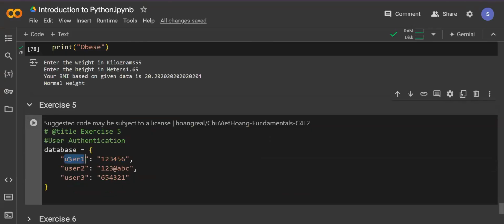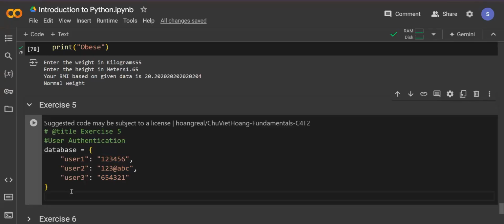If this user1 is present in the database, obviously it has to ask me to enter the password. And if I use the in operator for the password also, I can write any password, right? I can use 1, 2, 3 ABC, 6, 5, 4, 3, 2, 1, or 1, 2, 3, 4, 5, 6. If I use any password, it will open. But this shouldn't happen. First of all, I'll code this and tell you what is the problem we are facing.